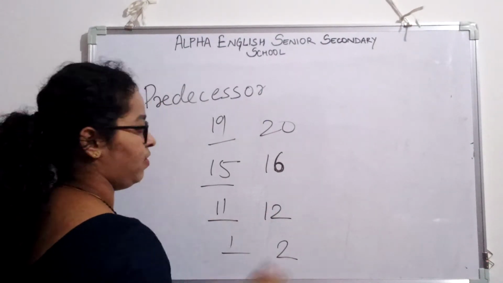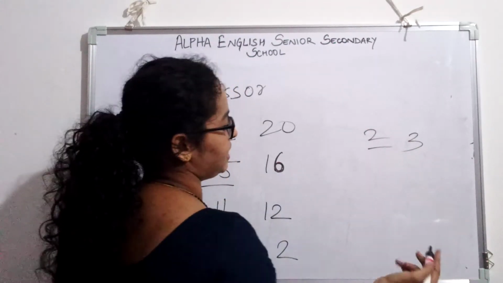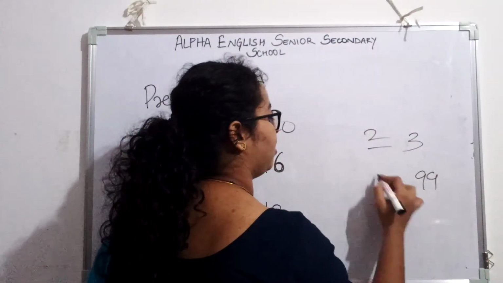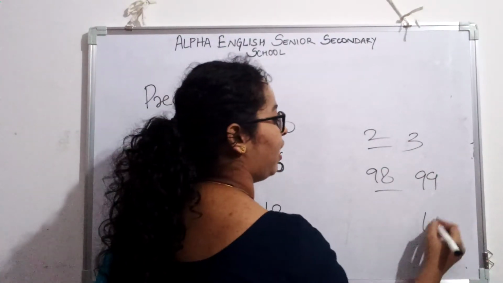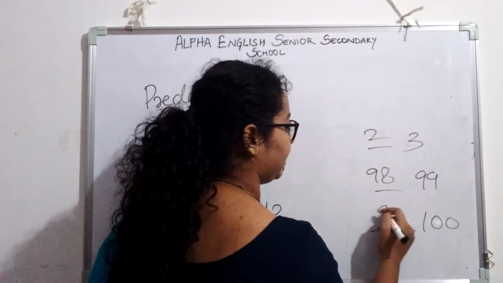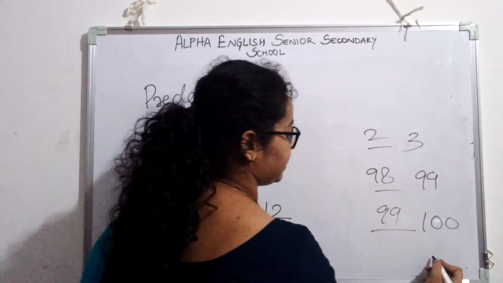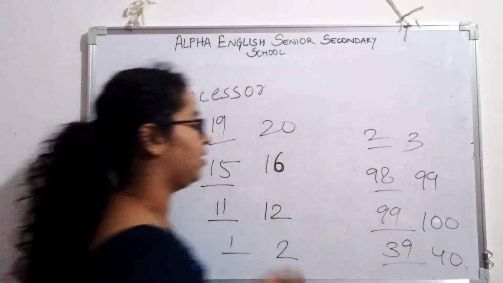It's 1. What is the predecessor of 3? It's 2. What is the predecessor of 99? It's 98. What is the predecessor of 100? That's 99. What is the predecessor of 40? That's 39.